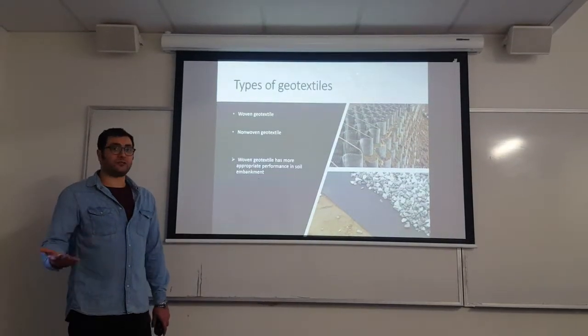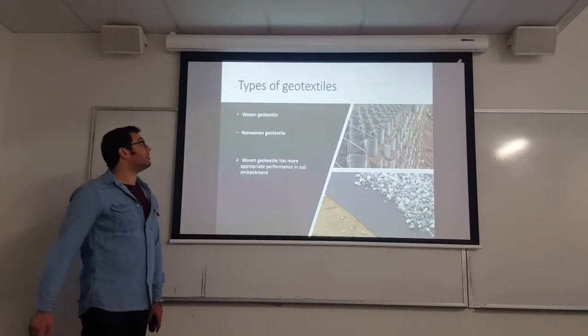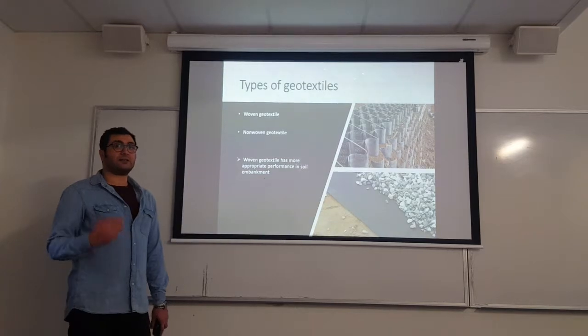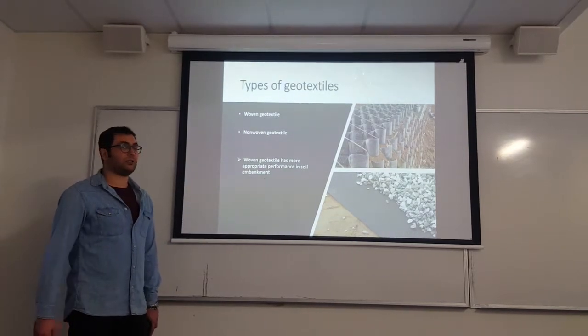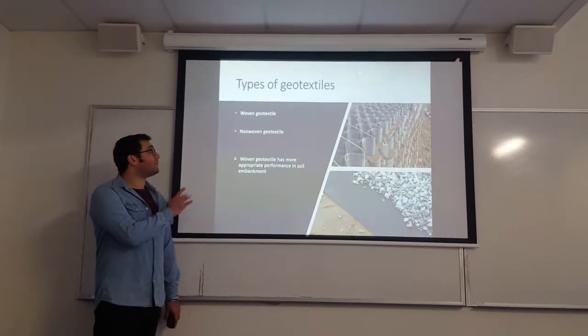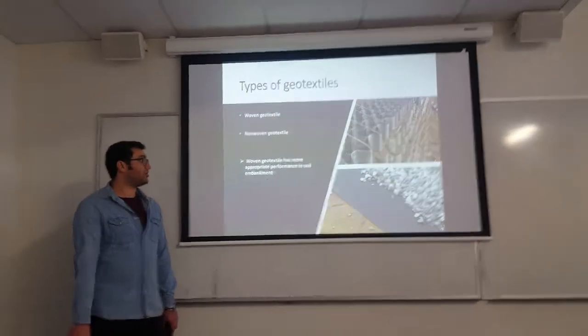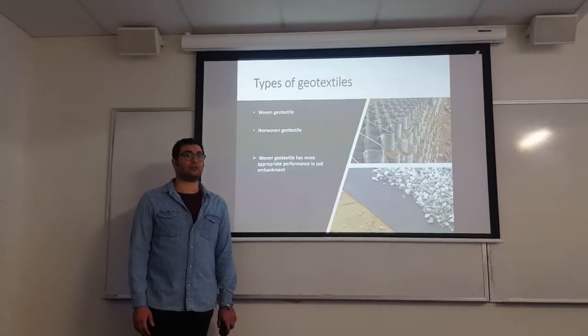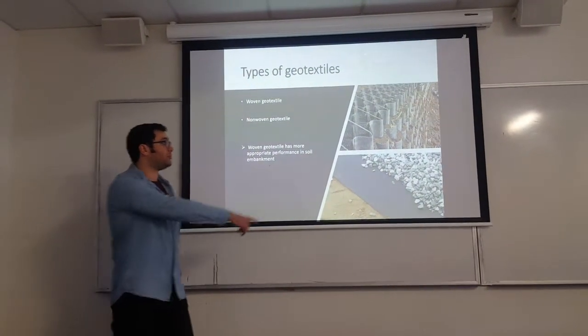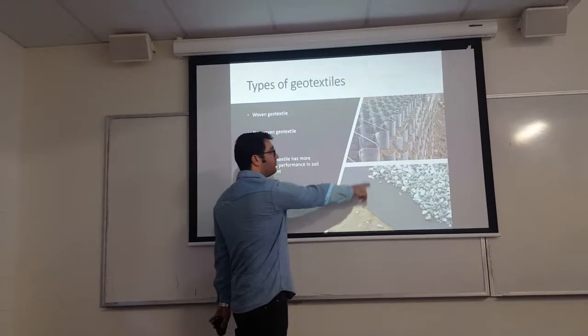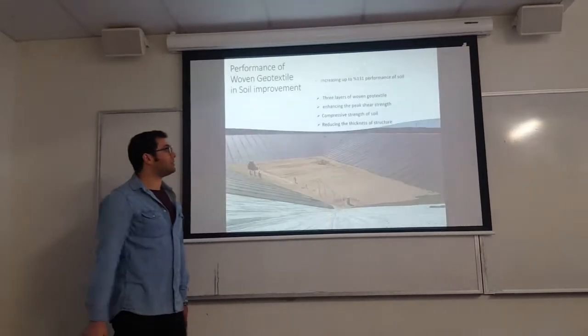To cover this problem, I want to mention geotextile as a secondary stabilization material in our design. We have two different types, woven and non-woven. Based on researchers, woven geotextile has more appropriate efficiency in soil treatment. As you can see in these two pictures, this one is geocell, which is non-woven, and here is the woven geotextile material.